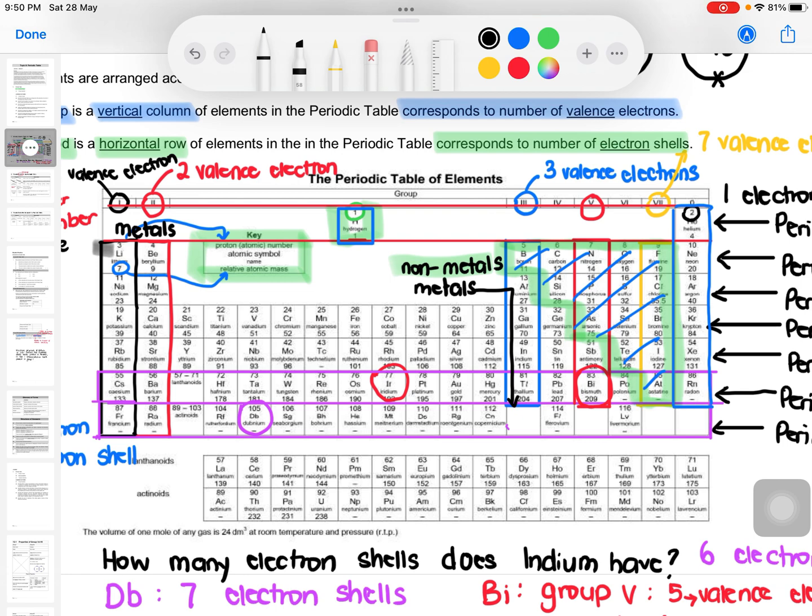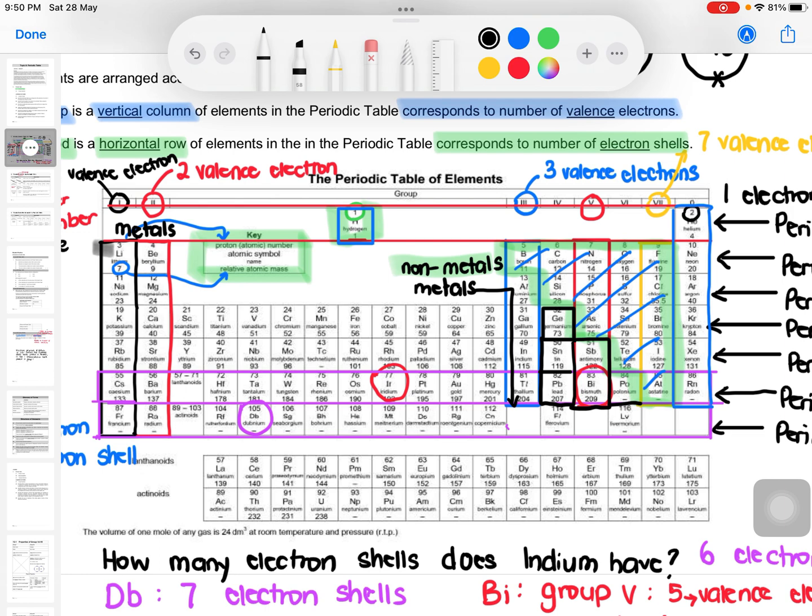Anything below here, like germanium, all these below here, antimony, bismuth and polonium, all those I put in black are actually metals.